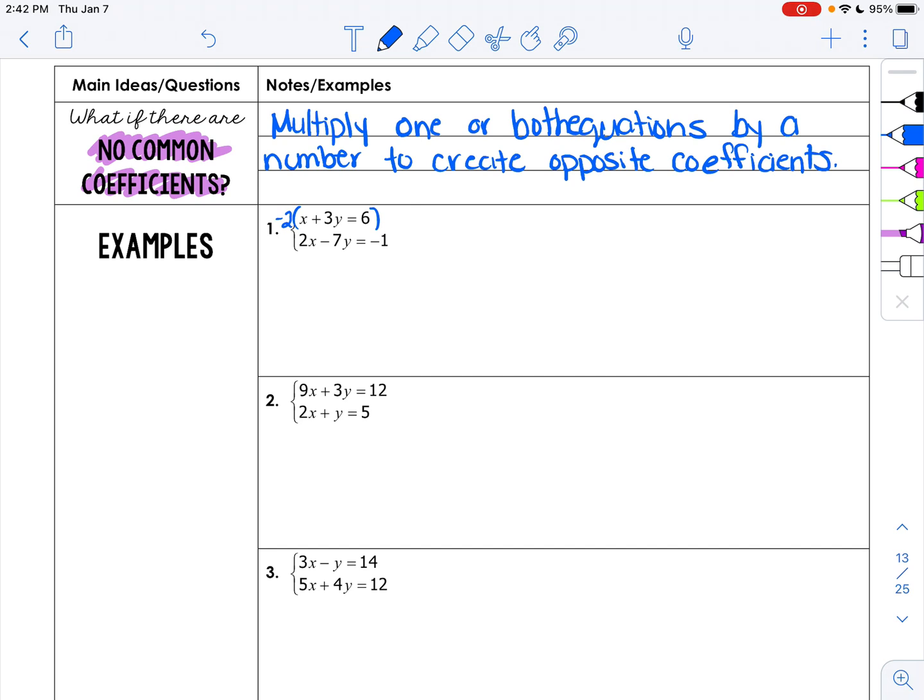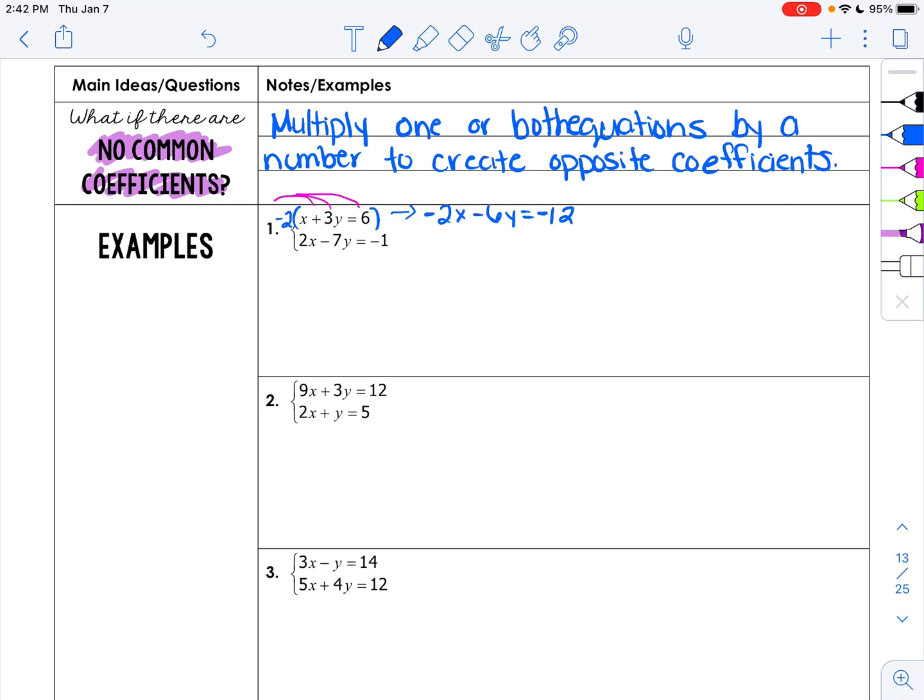And we multiply the whole equation by this number because if you change one part of an equation, you have to change it consistently throughout the whole equation. So if I multiply my whole equation times -2, I get -2x minus 6y equals 6. I am distributing that -2 to the whole equation. Sorry, I messed up on the end. That should be a -12. -2 times 6 is -12.